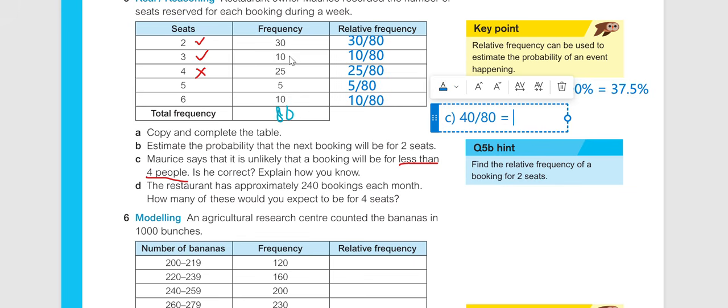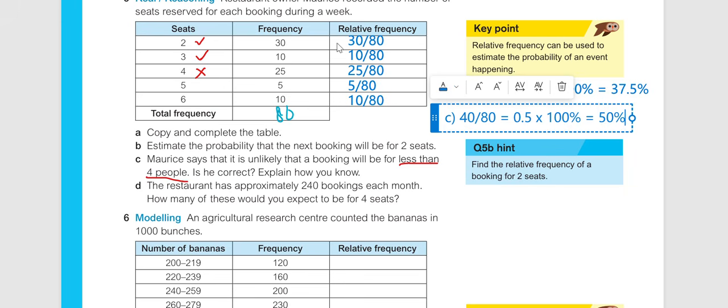This is equal to how much? 0.5. Yes, 0.5, and if I write it as a percentage, I will get 50%.